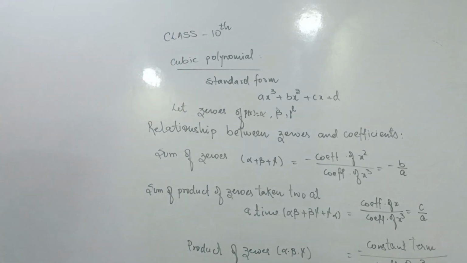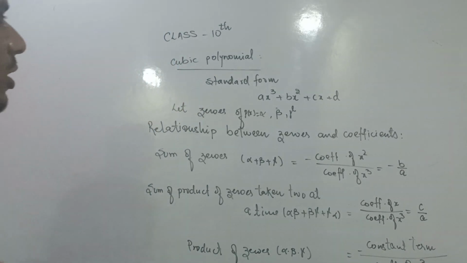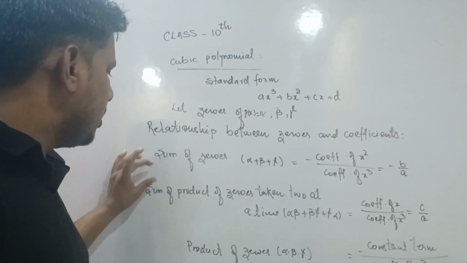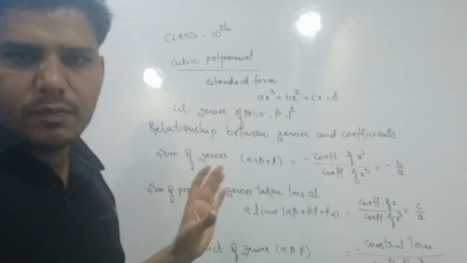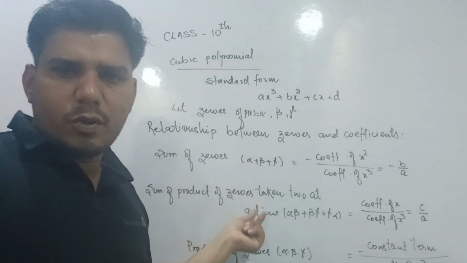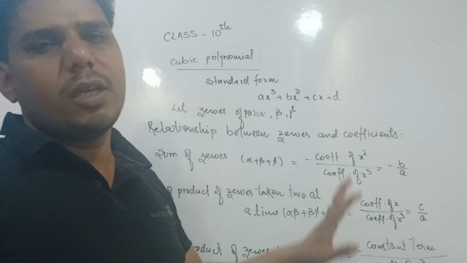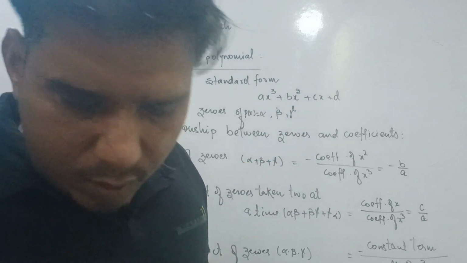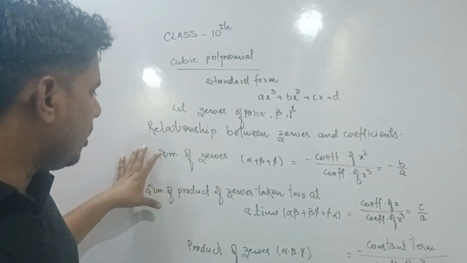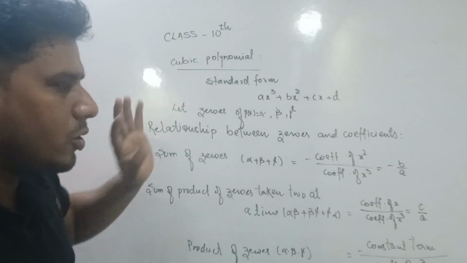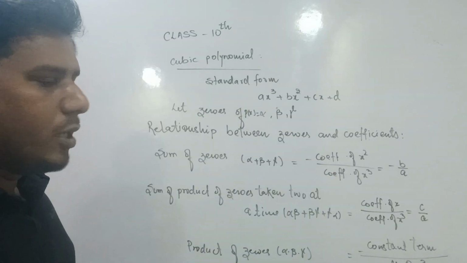So all of you note it down. If we have a cubic polynomial, then we can find all these relations: the sum of zeros, sum of product of zeros taken 2 at a time, and product of zeros. But if these three relations are given, then we can also find the cubic polynomial. So now I am going to write the formula.